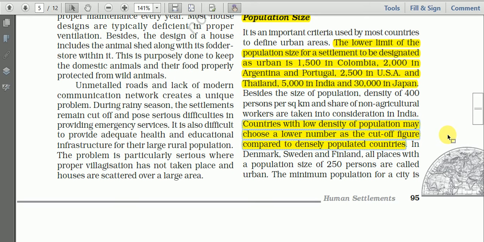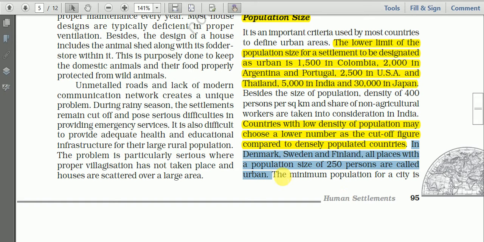For example, in Denmark, Sweden and Finland, all places with a population size of 250 persons are called urban. So in these countries the density of population is very, very low, and hence if a settlement has a population of 250 persons, then the settlement is called a town in Denmark, Sweden and Finland.